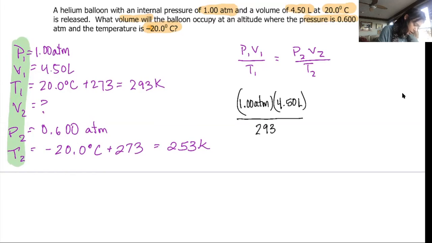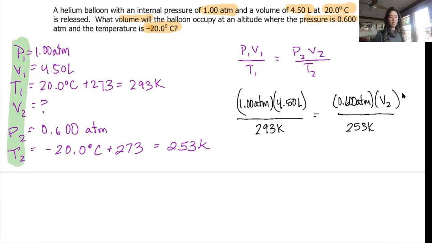It makes for good work and allows you to check yourself. If you don't end up with the unit that you need, you've done the wrong steps. And let's see, we do have initial pressure. We do not have a final volume. That's what we need, but we do have a final temperature at 253 kelvins. Once again, we're going to cross multiply.